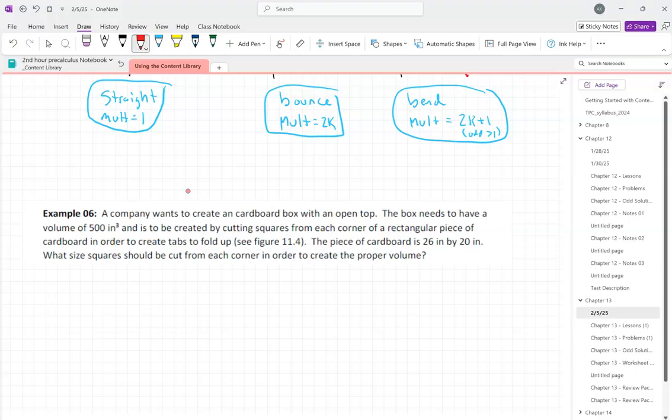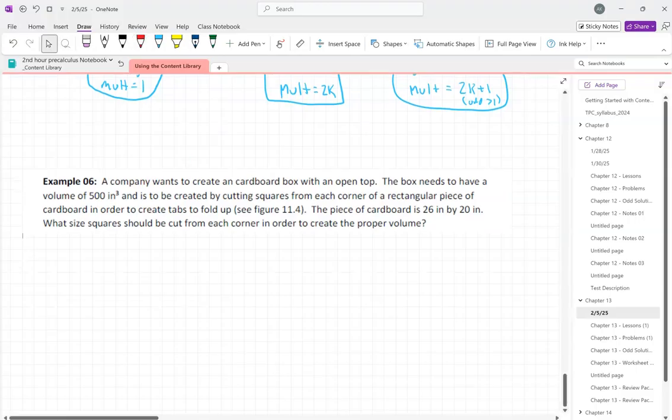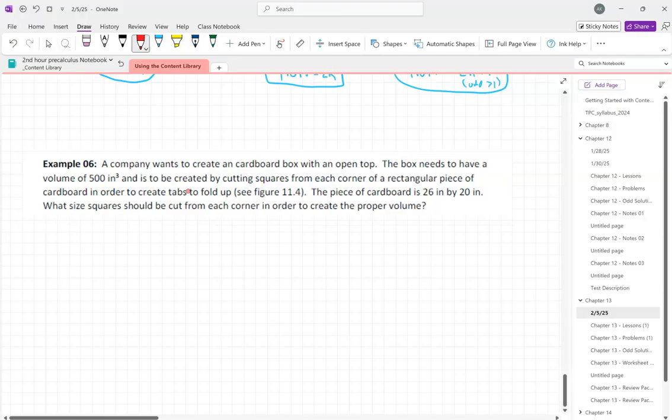The box needs to have a volume of 500 cubic inches and is created by cutting squares from each corner of a rectangular piece of cardboard in order to create tabs to fold up. The piece of cardboard is 26 by 20. What size squares should be cut from each corner in order to create the proper volume?